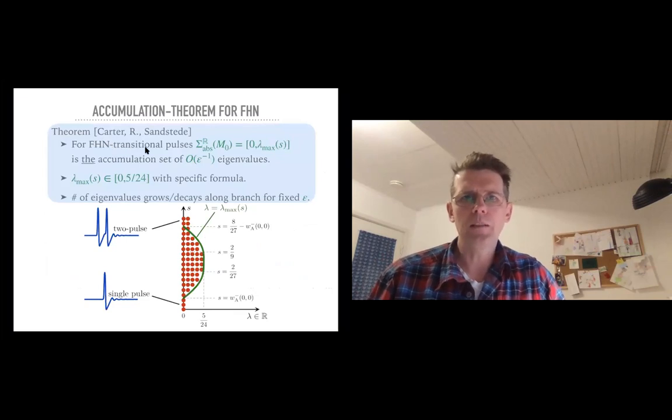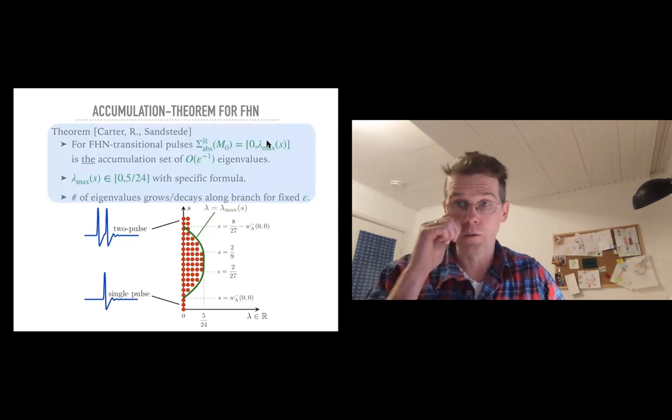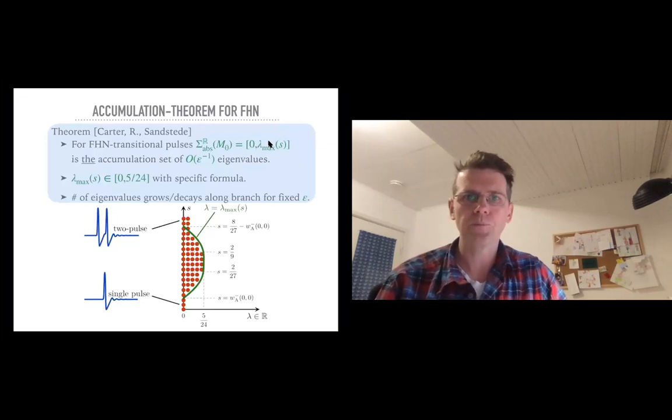These transitional pulses along this branch, which goes from 1 to 2 pulse, have a certain set, which is an interval here from 0 to a maximum number lambda max of S. And this is the accumulation set of eigenvalues, and there are order 1 over epsilon many of them. Which means that if you take a point in this interval, then in any neighborhood, as epsilon goes to 0, you'll find order 1 over epsilon eigenvalues.